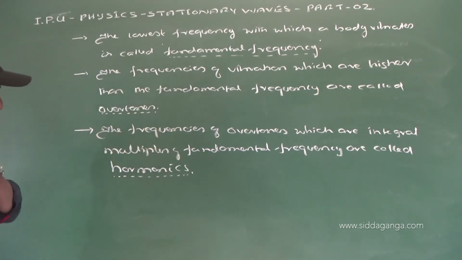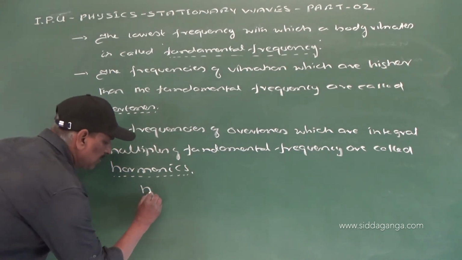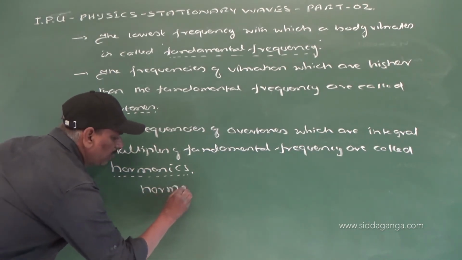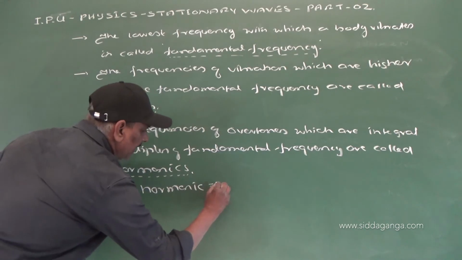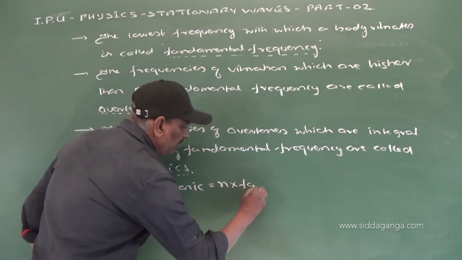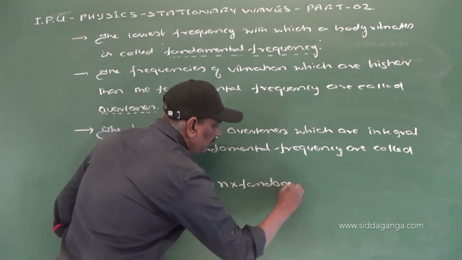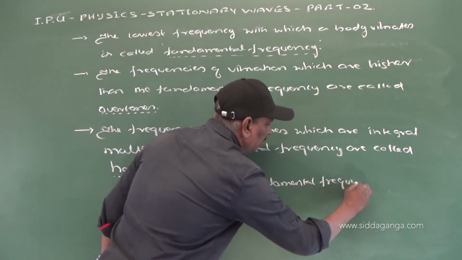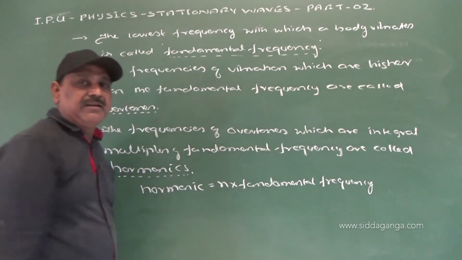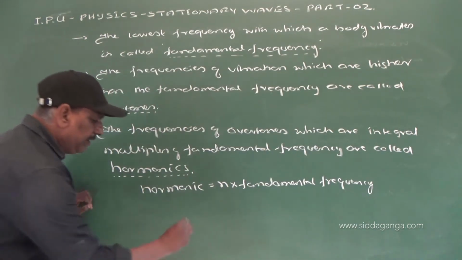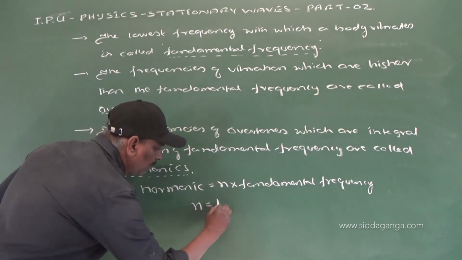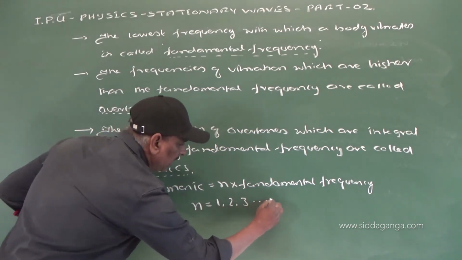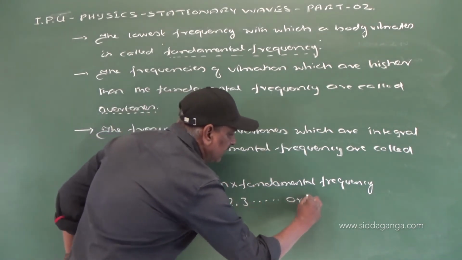So for the fundamental frequency, we have overtones and we have harmonics, right. So harmonic is equal to n into the fundamental frequency, where n is equal to 1, 2, 3 etc., an integer.